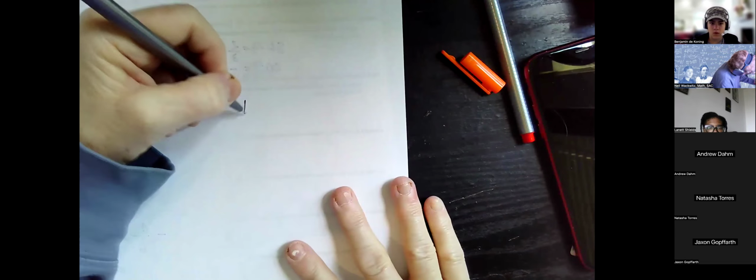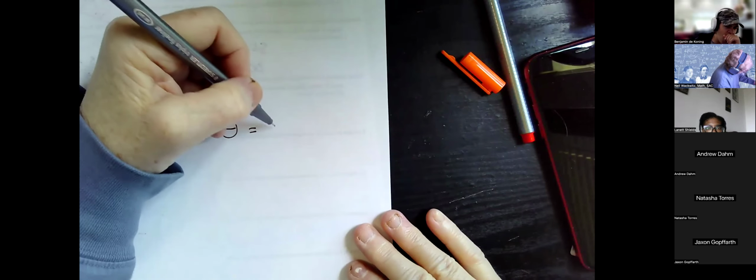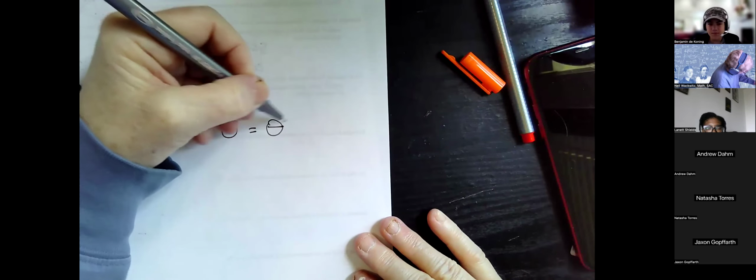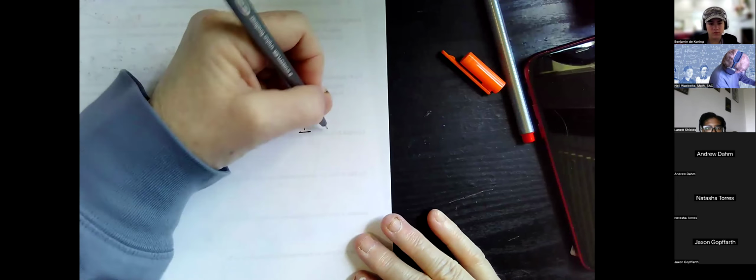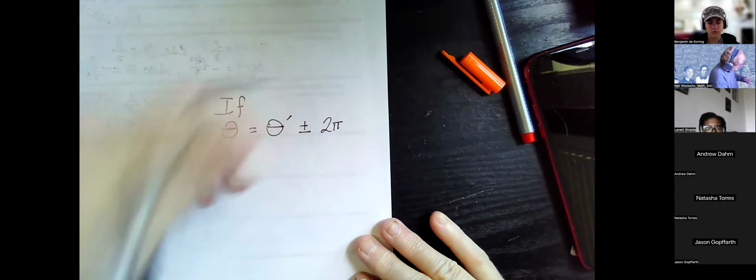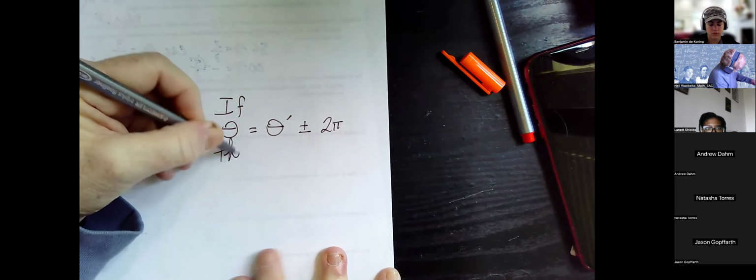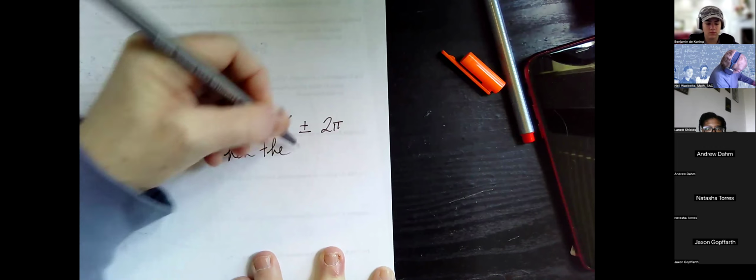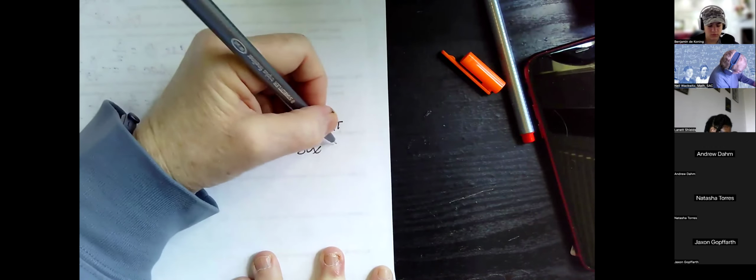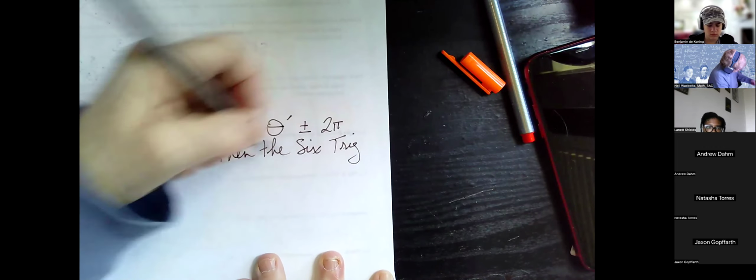So if we have theta and it equals this other theta plus or minus 2 pi, these have the same trig functions.